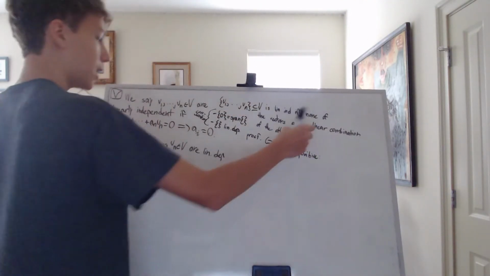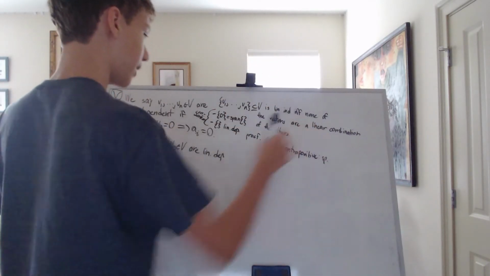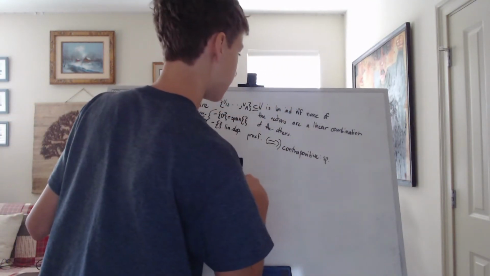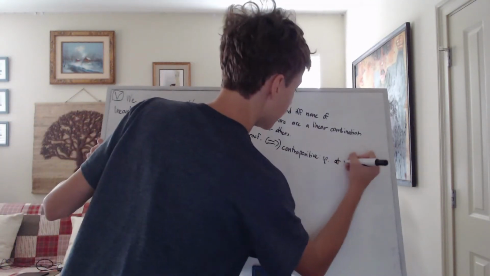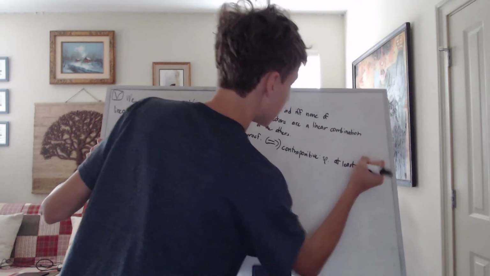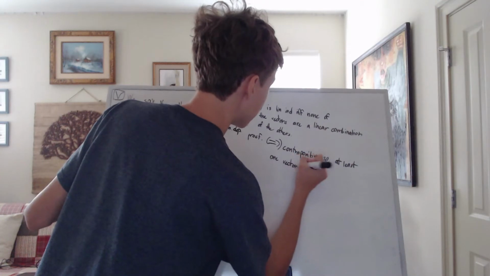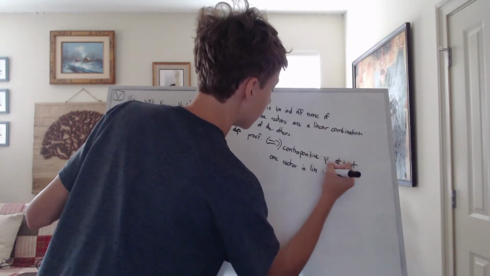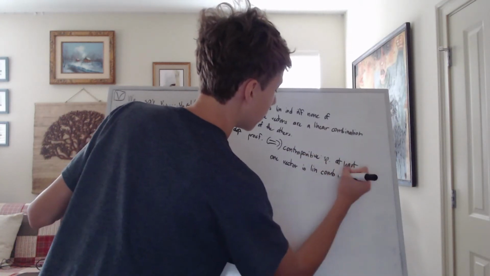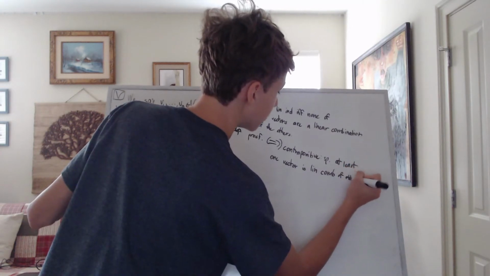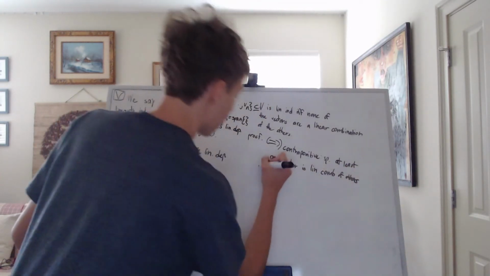So suppose that at least one vector is a linear combination of the others.